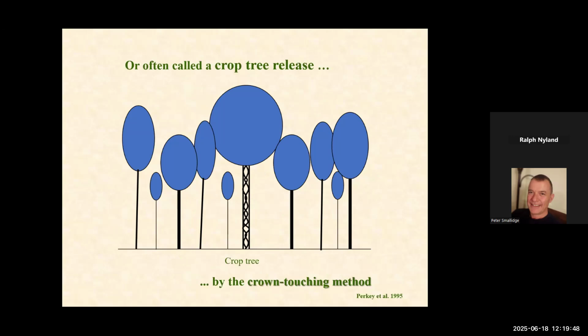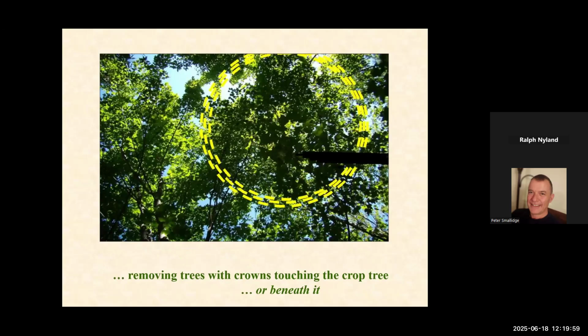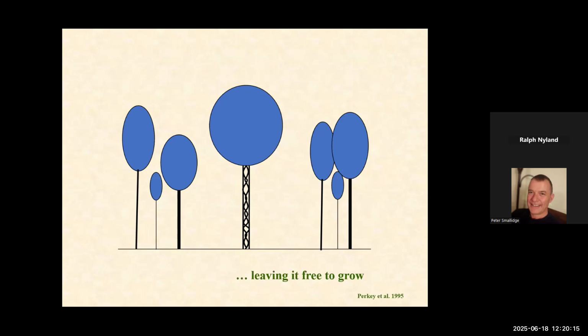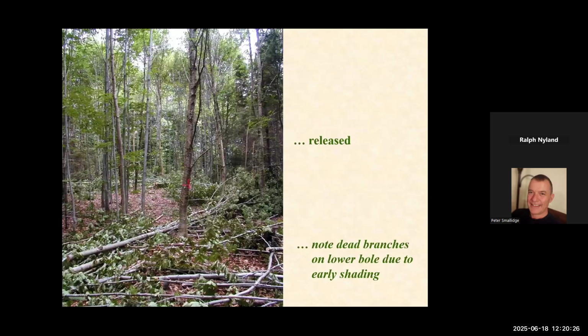Or in other cases, it's called crop tree release by the crown touching method, as described by Perky et al. In this case, you would identify a crop tree and remove any tree that has a crown touching the crop tree crown or grows beneath it. So the X's show the trees we would need to remove in this case, freeing the crop tree, the desired one, to grow from trees of similar heights and of similar age, like this, released.